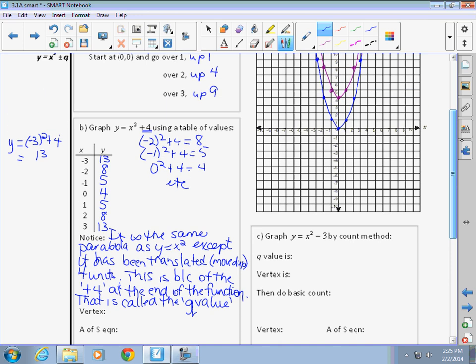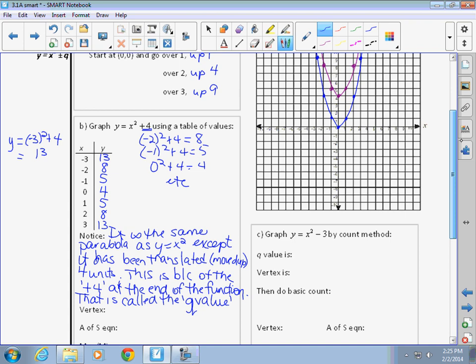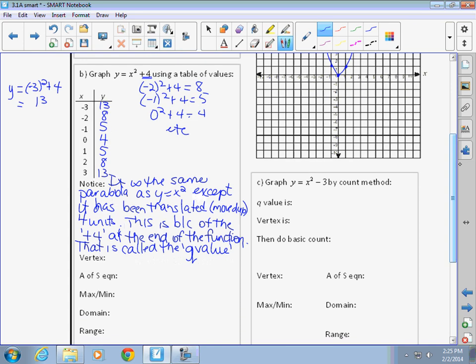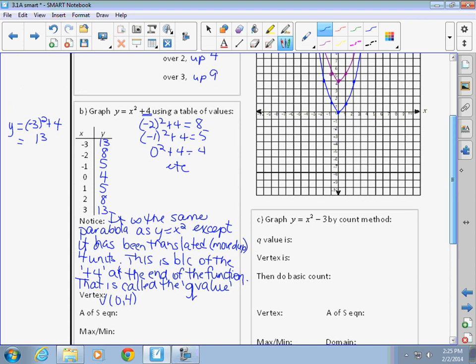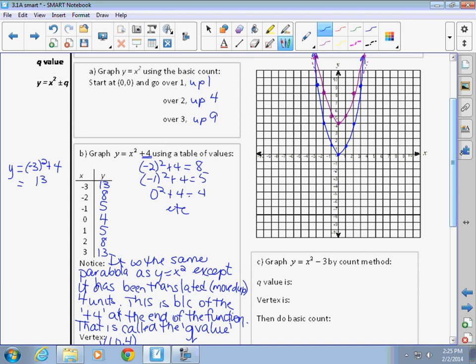So if I take a look at this, the vertex in the purple graph is now at 0, 4. My axis of symmetry, so that line that's going to cut that graph so I've got a perfect mirror image, two branches that are exactly the same, is still x is equal to 0.